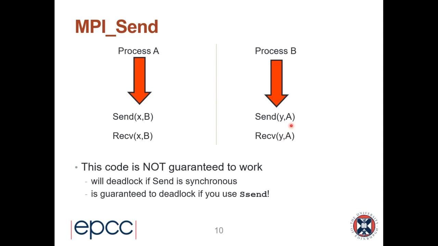Now that works here, but in general, that can be quite hard to work out in more complicated cases. In this simple pairwise swap, hey ho, it works okay. But in general, it's much harder.